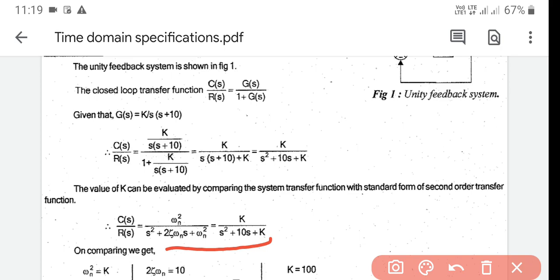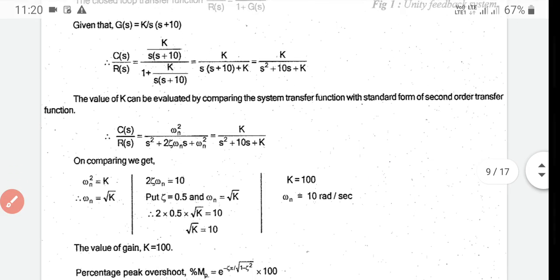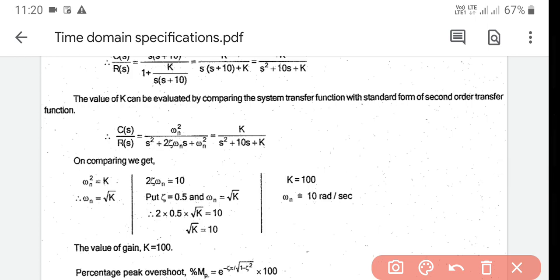It is the standard form of second order transfer function. Now we are going to compare K with omega n square.